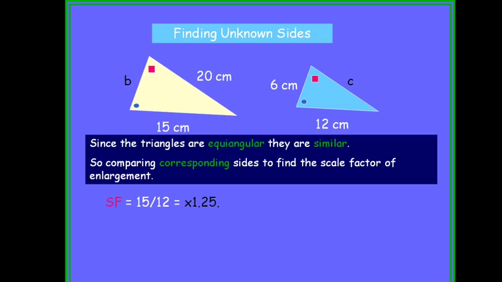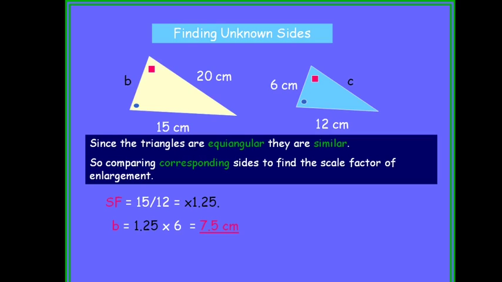So this is the scale factor I can use to find the missing sides. In the first triangle the missing side is B, and in the second triangle the missing side is C. So 1.25 is the scale factor. This scale factor can be used to find out the length of B. So 1.25 is multiplied with 6. 6 is the corresponding side in the other triangle.